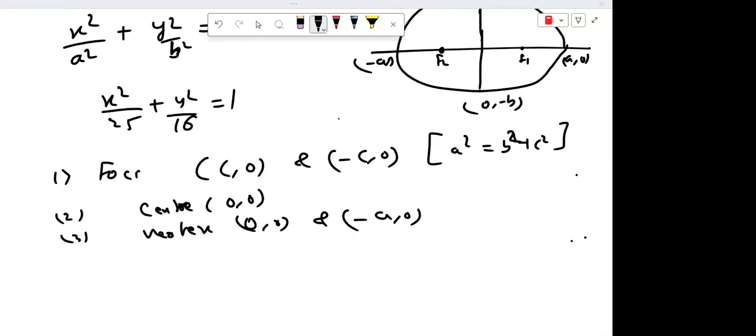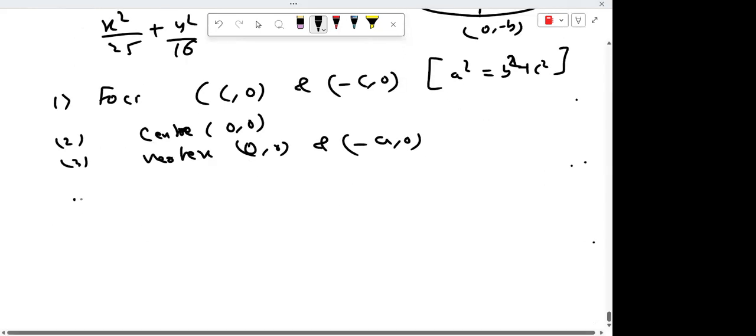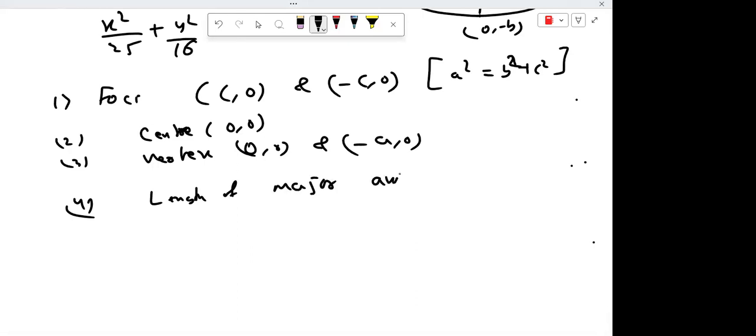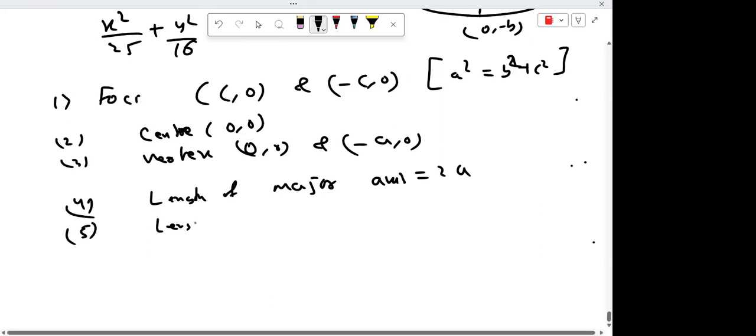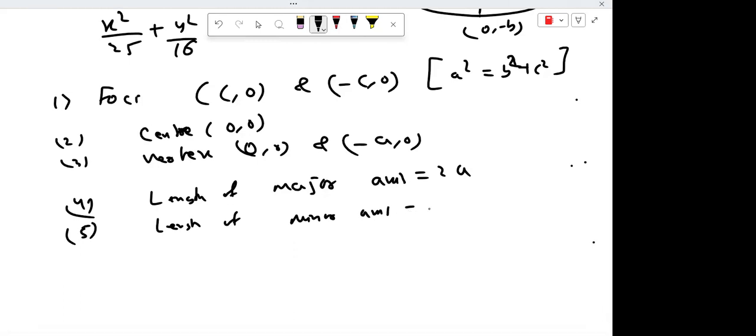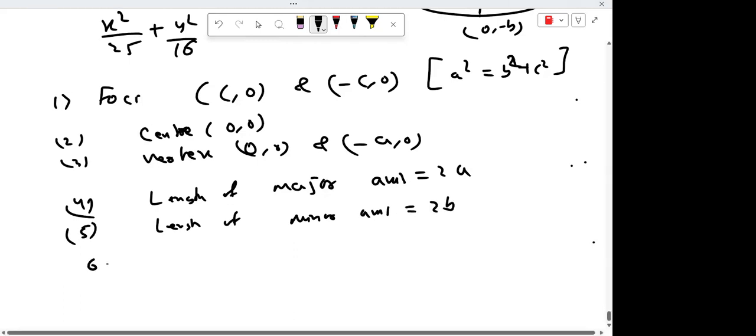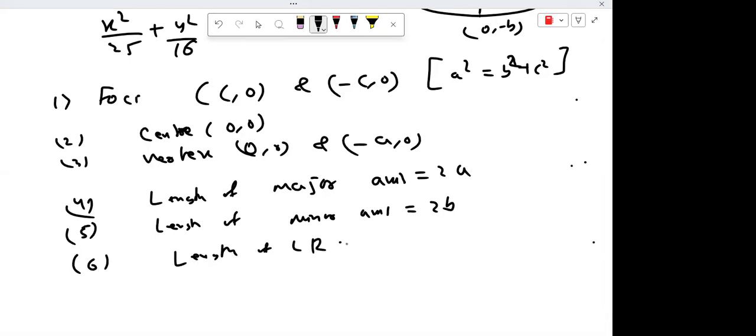Okay, length of major axis is 2a. Length of minor axis is 2b. Length of LR is 2b square by a.